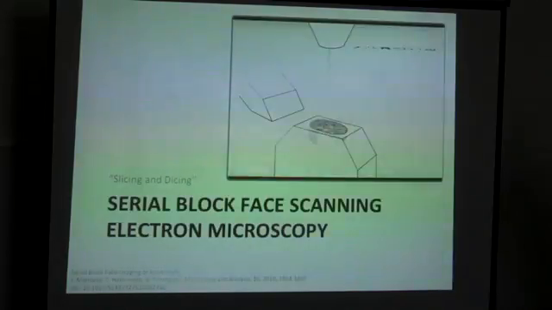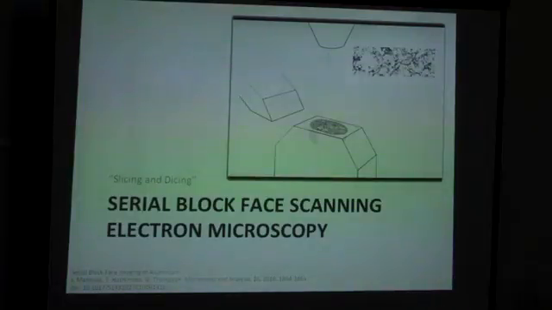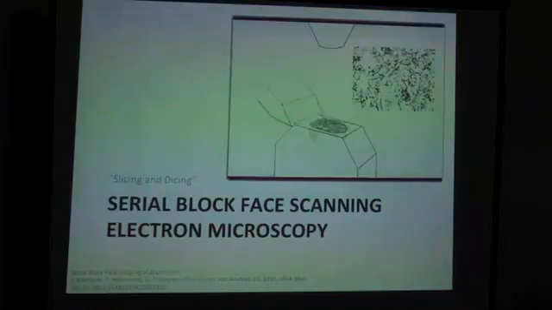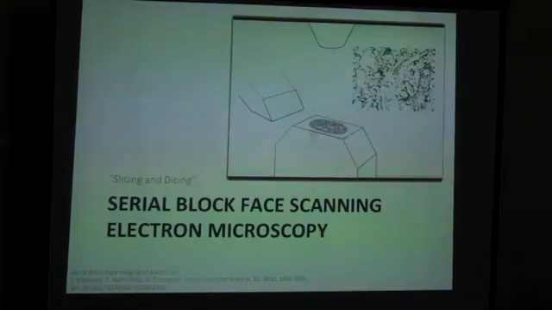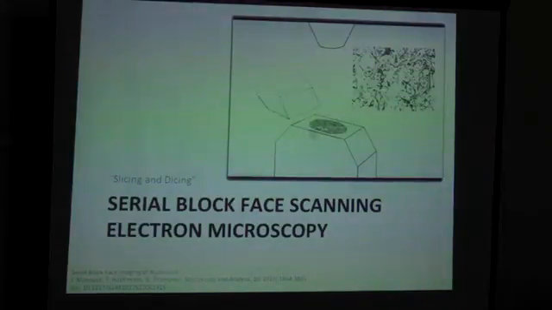The other technique, and this is the one that I'm indebted to George Thompson for, is serial block face scanning electron microscopy. It's commonly used in the biological field, but George has one which is good for looking at light materials like aluminium and magnesium, where you can slice the sample in layers around 70 nanometers thick inside an electron microscope, take an image of each slice, and then rebuild the structure.